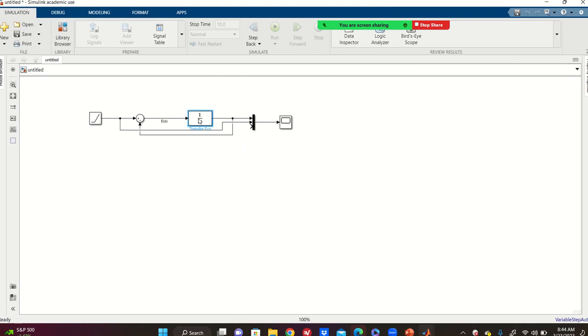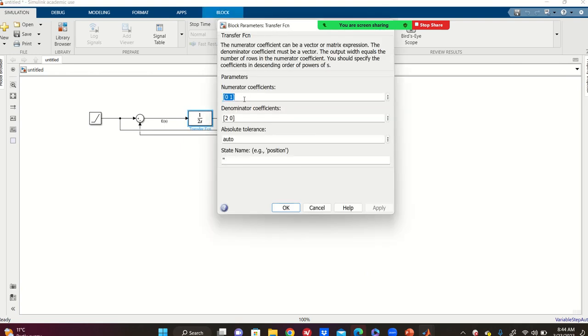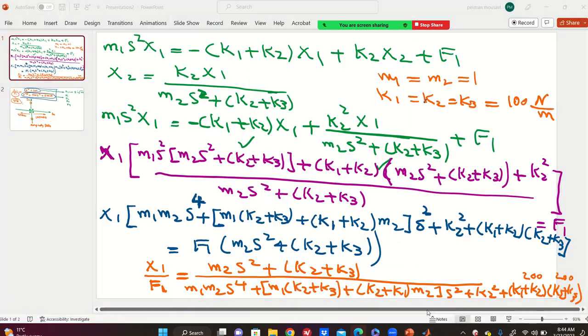I'm gonna change this to, okay, it was fourth order system, so you're gonna have here 0, 0, 1, and 0, and what was the constant number in the numerator?